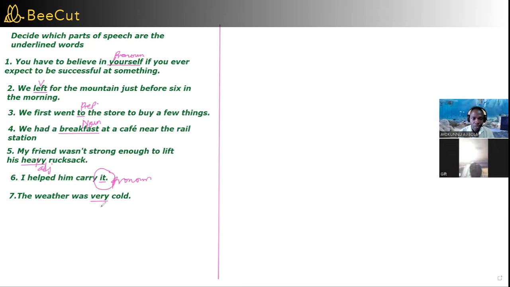It is not describing a verb, but it is describing an adjective, "cold". So "cold" is an adjective, while "very" is an adverb. The cold is describing the weather, yes or no? Yes. So the weather is a noun, cold is an adjective, while very is an adverb.